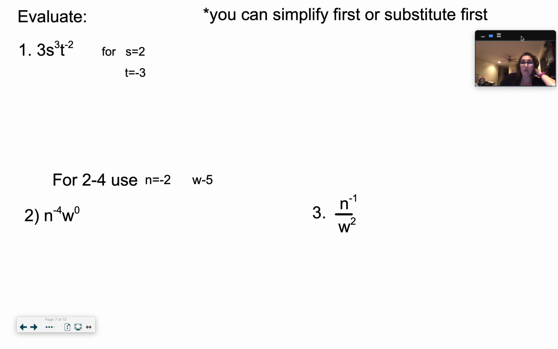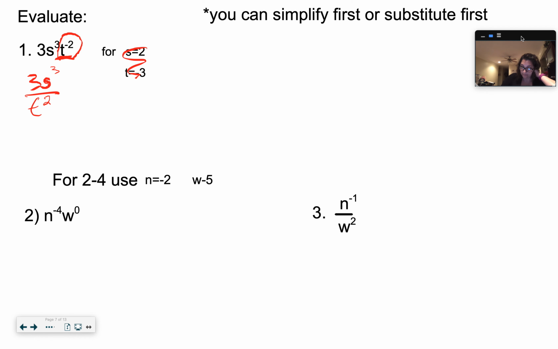So number 1, we have 3s to the third power, t to the negative second power. I don't even care about the values right now. I'm just going to simplify this. Well, I know 3s to the third is going to stay 3s to the third. That's not going to change. But because this t to the negative second power is a negative exponent, I'm going to flip that and it's going to become t to the second.